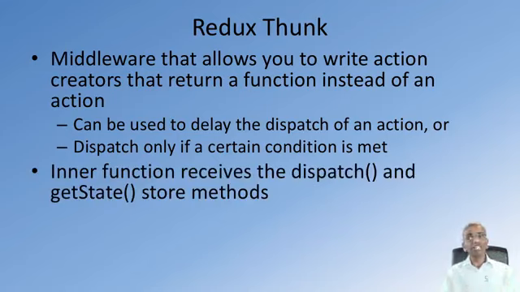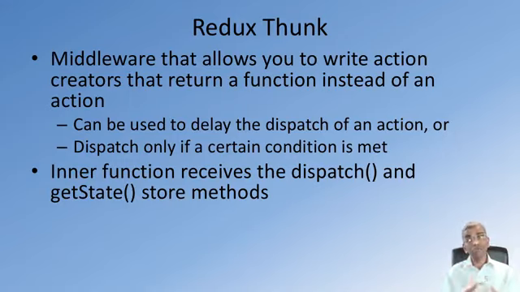So this is a good example of where a thunk, or a Redux Thunk, will be very useful for us. So the inner function, as you saw, a thunk is a function that returns a function. The inner function that you define inside a thunk gets access to both the dispatch as well as getState. So what does this permit you to do? Because you have access to getState, you can examine the state and then see if this action fits and can be allowed with the current state.